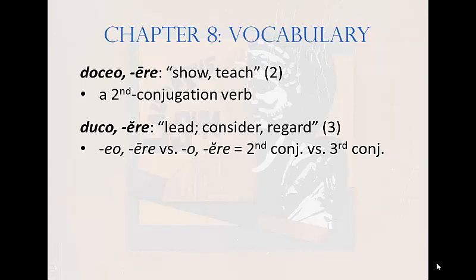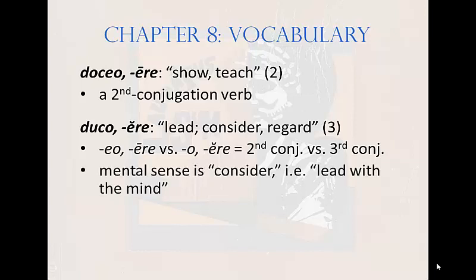Doceo has eo at the end of its first principal part and a long e in its infinitive. That shows that it's second conjugation. Duco has no e before the o and a short e in its infinitive. That shows that it's third. And another thing to note about this verb is that it has a mental sense. To lead with the mind was to the Romans to consider.